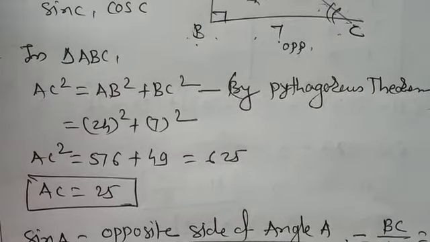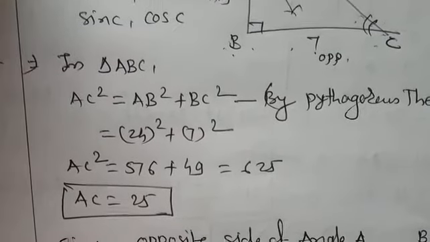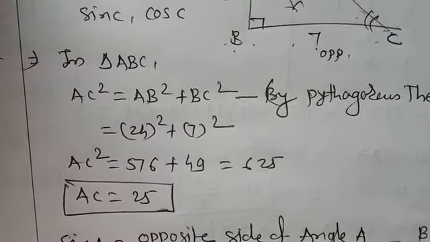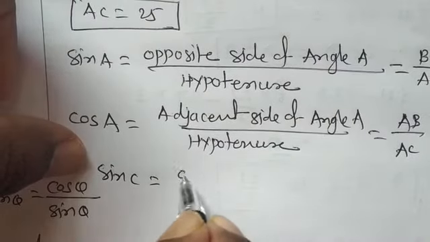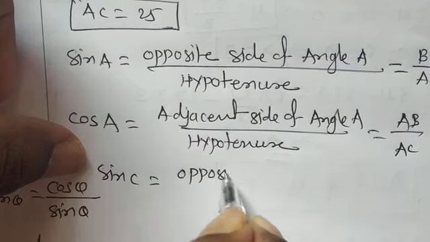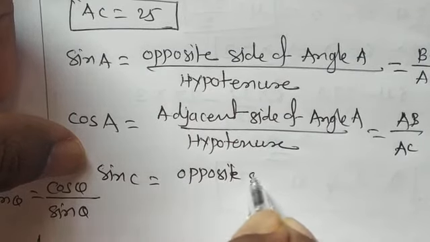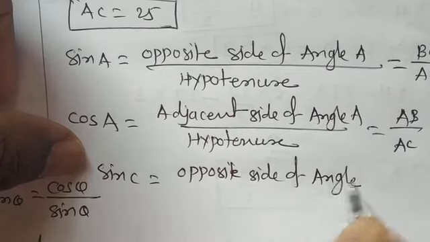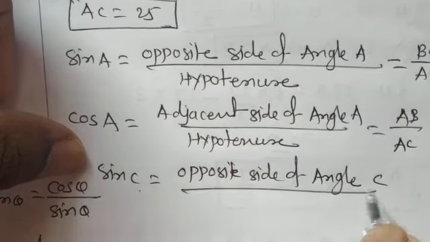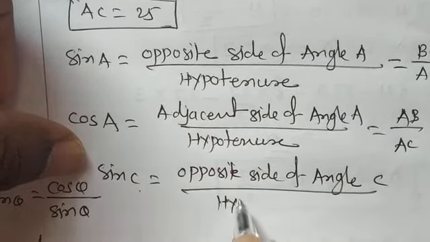Same for sin C. Sin C, again the formula: sin is opposite side of angle C upon hypotenuse.